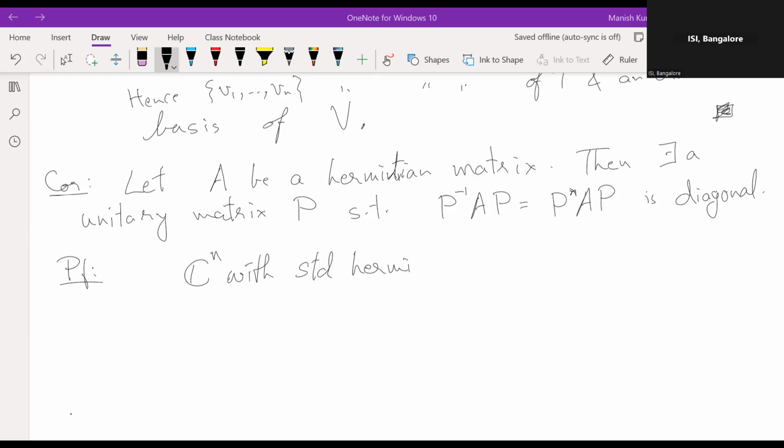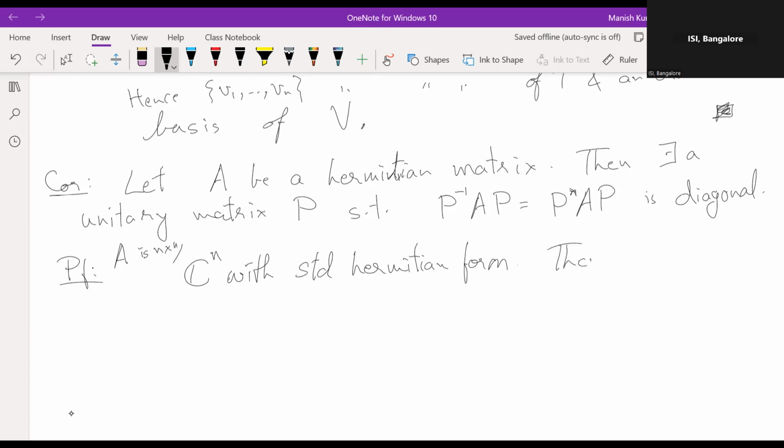Yeah, so let's see how you'll prove this using the previous, using the spectral theorem. So you take Cn to be your vector space. So if A is n cross n, then Cn is the vector space, and you take the standard Hermitian form. So Cn with the standard Hermitian form is our Hermitian space.